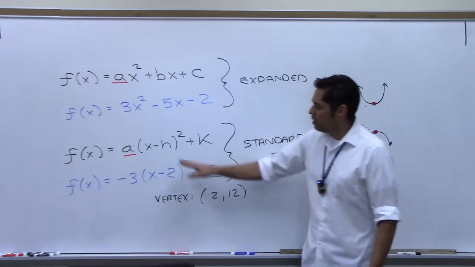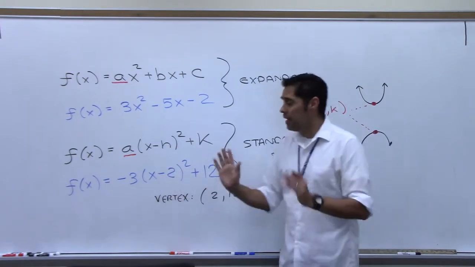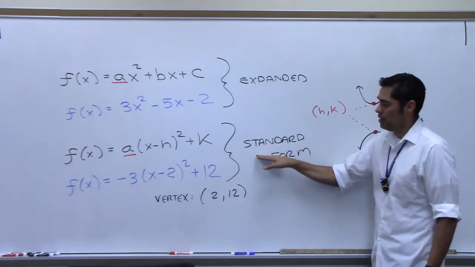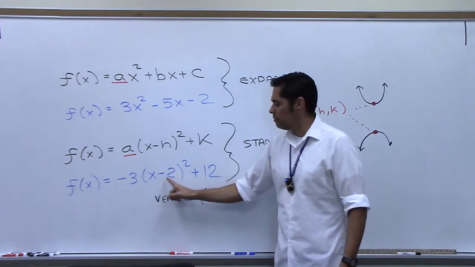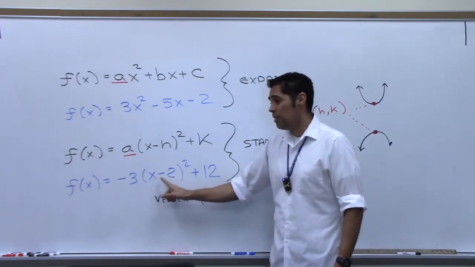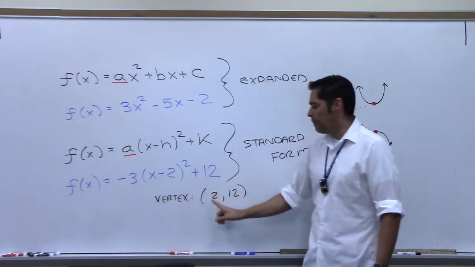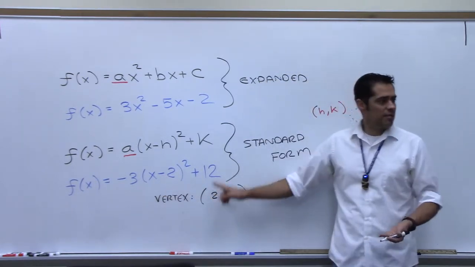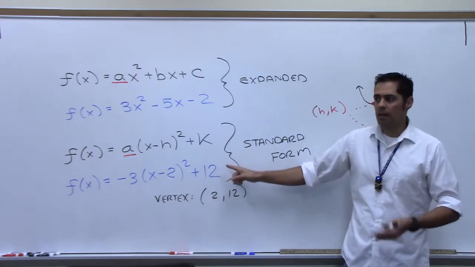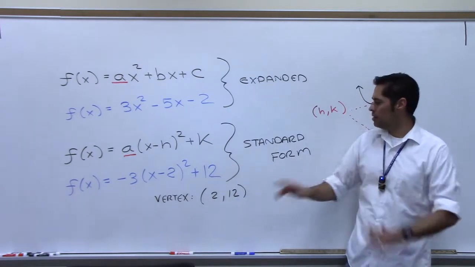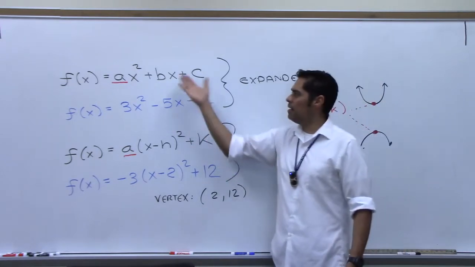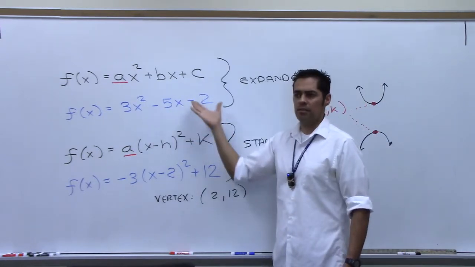Whenever you're trying to find the vertex, you're trying to find the H in a standard form parabola. You look at the number right here. This is minus 2. It'll always be the opposite of that, so 2. And then K is always the number on the outside. In that case it wasn't opposite, so this is just going to be 12. Understand? Can you just look at this right here and tell me what the vertex is?